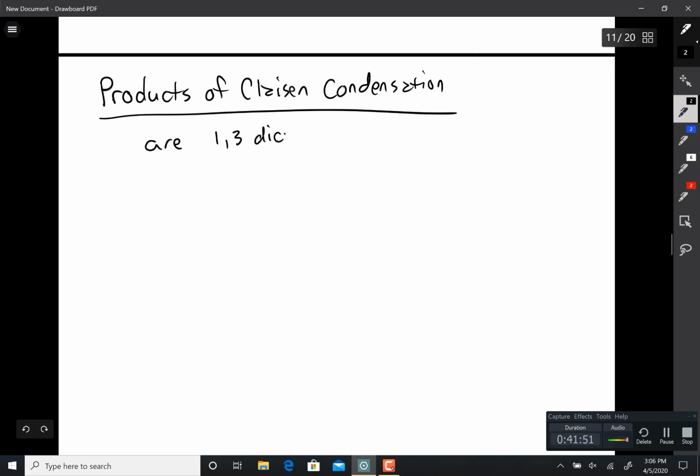The products of Claisen condensations are 1,3-dicarbonyls with a hydrogen on carbon 2. That's how you can recognize a product of a Claisen condensation.